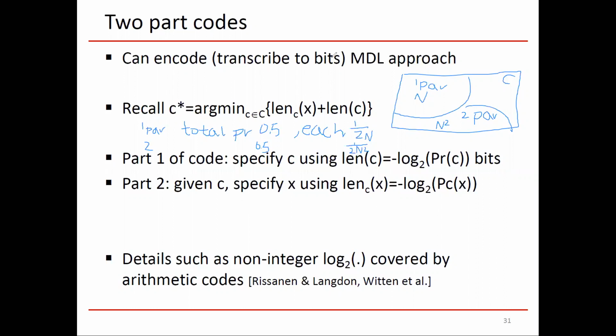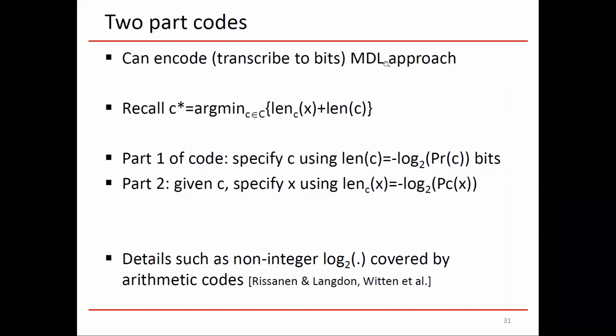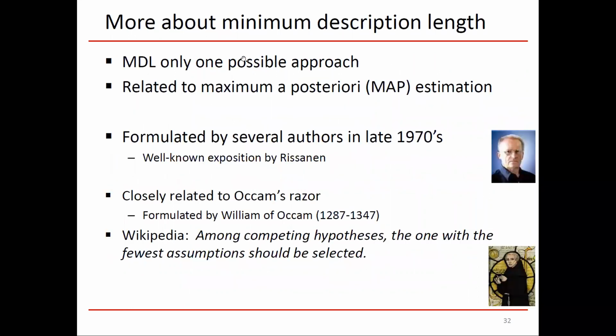All right, so let's continue. We have a formal approach for the minimum description length, and it's one possible approach. There are other approaches. It's related to an approach called maximum a posteriori, or MAP estimation. In MAP estimation, we proceed as follows.